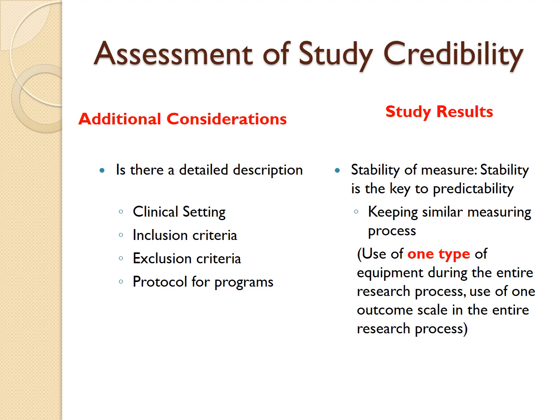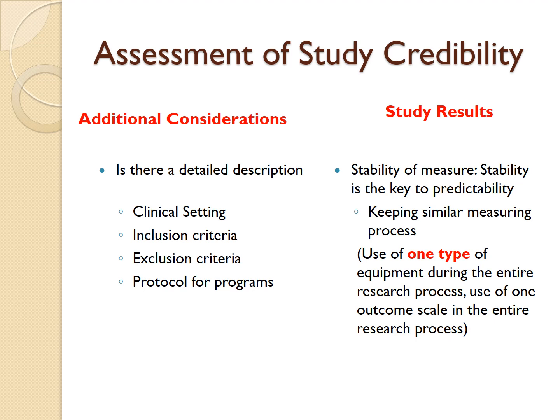So what about the study results? Were the results stable enough? Yeah, because the stability is the key to predict how the outcomes will be. So when we want to make sure we keep the measurement scales or measurement techniques similar through the entire study.